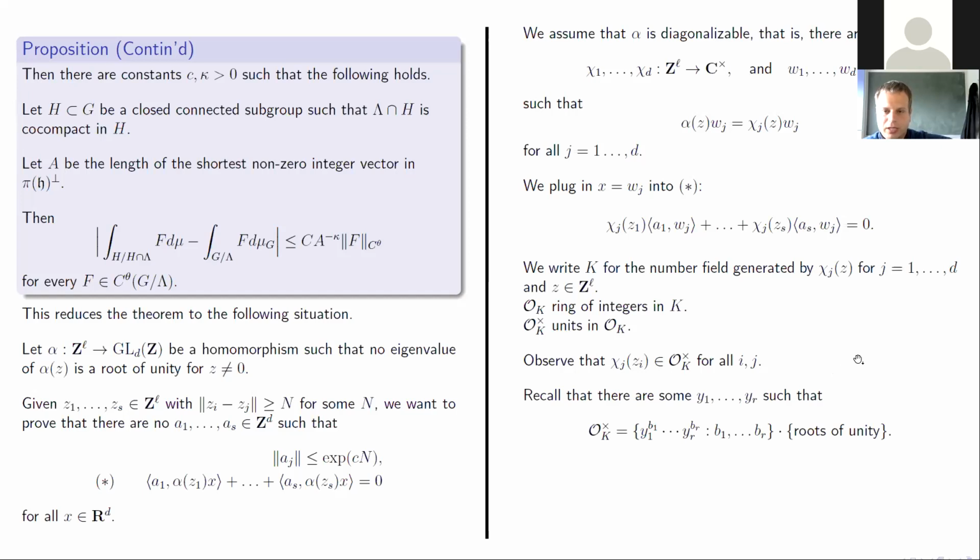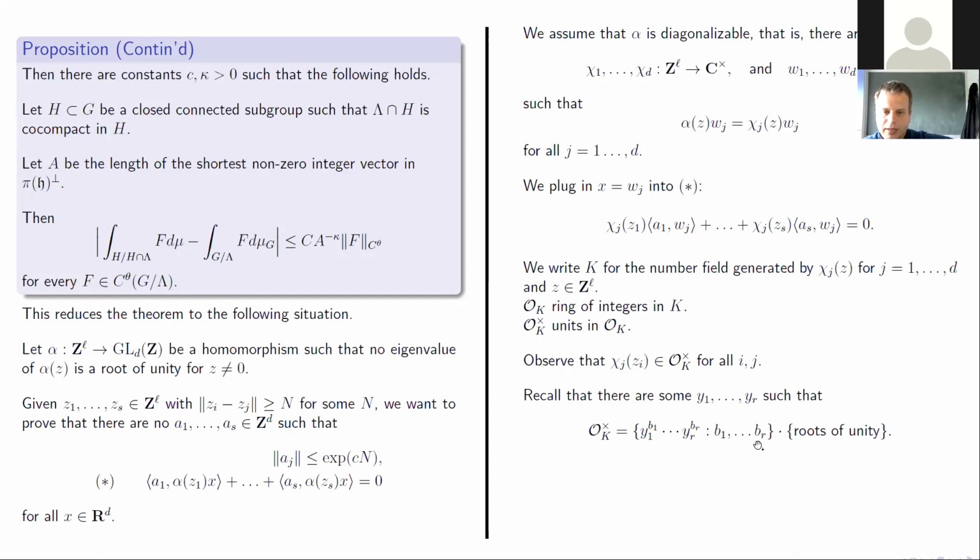So there is a result called Dirichlet's unit theorem, which says that this is a finite rank abelian group inside the multiplicative group of K. So you have some y1 up to yr for some r, which are some fixed elements inside your number field, and you can get all units by taking integer powers of these and multiplying together.